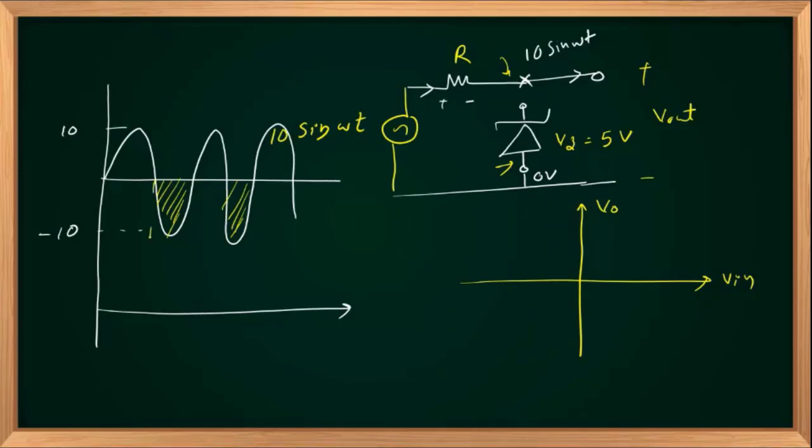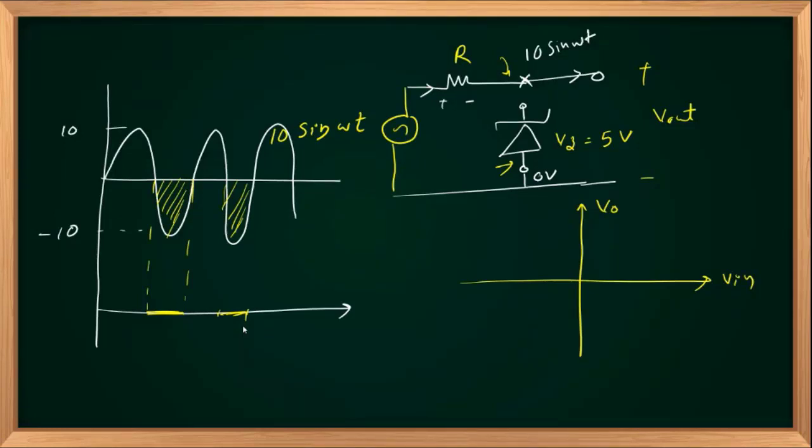The moment it acts as a short circuit, output will be 0, Vout equal to 0. In all negative cycles, Vout will be equal to 0. Why is it 0? It is acting as a forward biased short circuit, an ideal closed switch. So Vout equals 0.